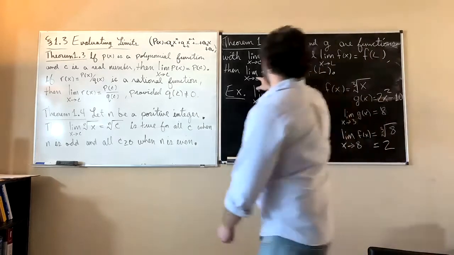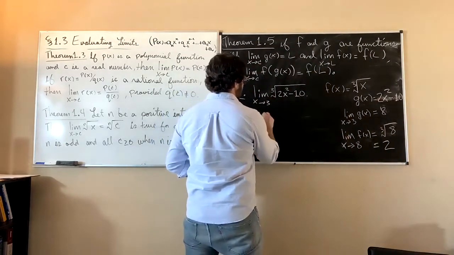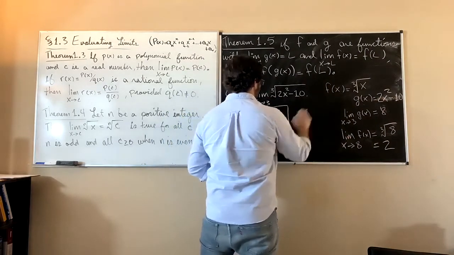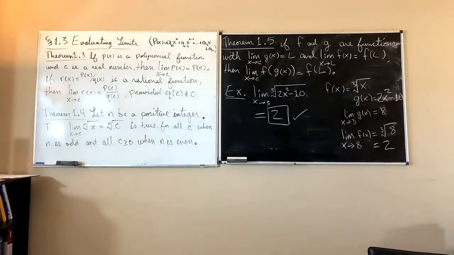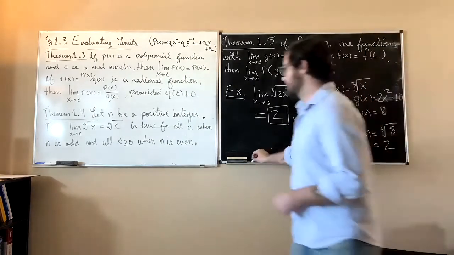So the limit of the composite, according to this theorem, is just going to be 2. There you go.